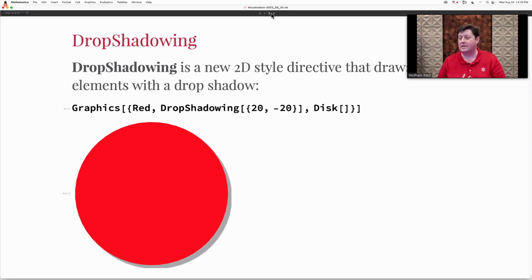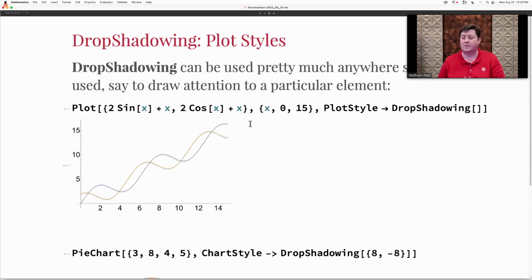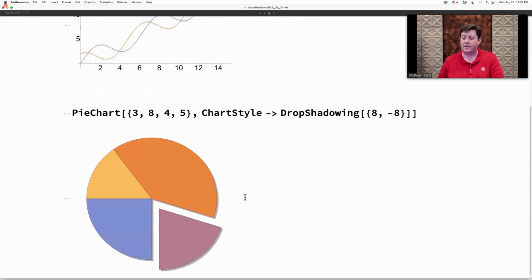This is a style that can be used anywhere that styles can normally be used in 2D graphics, whether it's plot style to style these curves so that they have a little shadow and look like they lift off the page a little bit, or say in a pie chart, where we get a little shadow under each of the sectors.